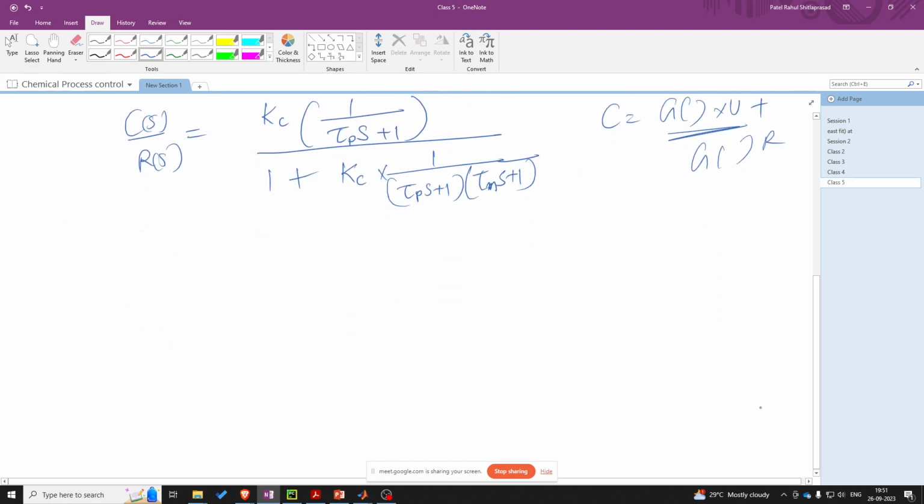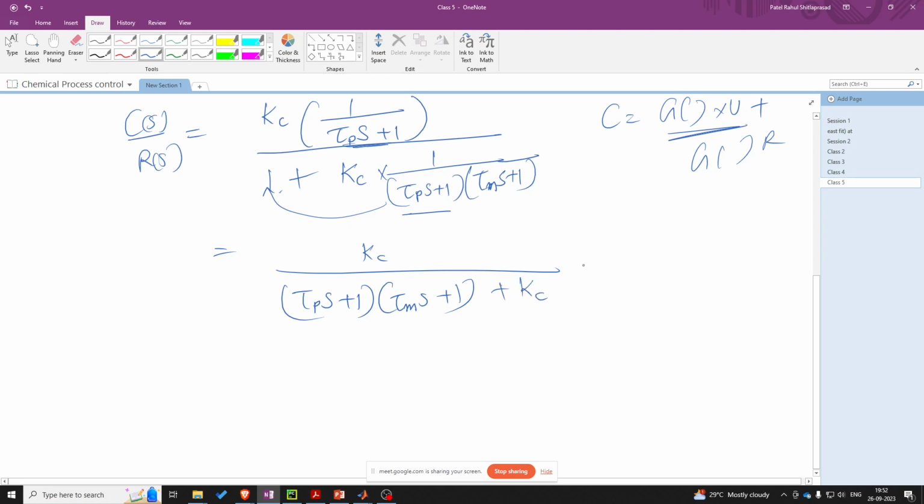Now we need to simplify this, and we will find that this is a second order system. In order to simplify, the denominator will ultimately get cancelled out once we multiply it over here. So Kc upon tau Ps plus 1 into tau Ms plus 1 plus Kc.